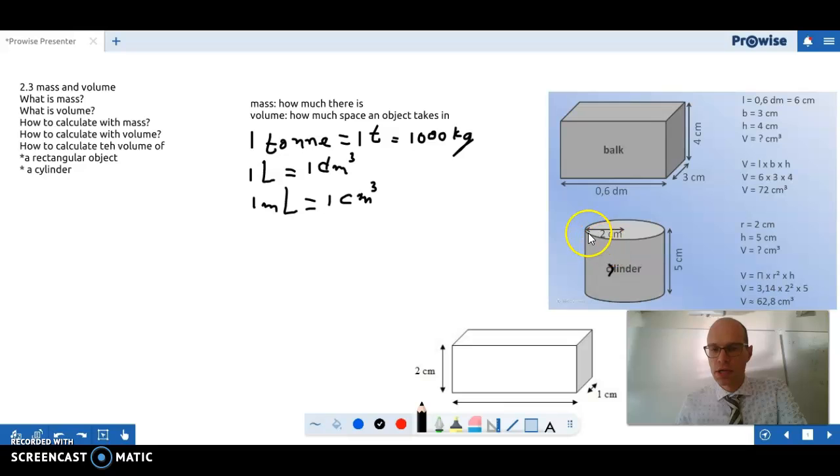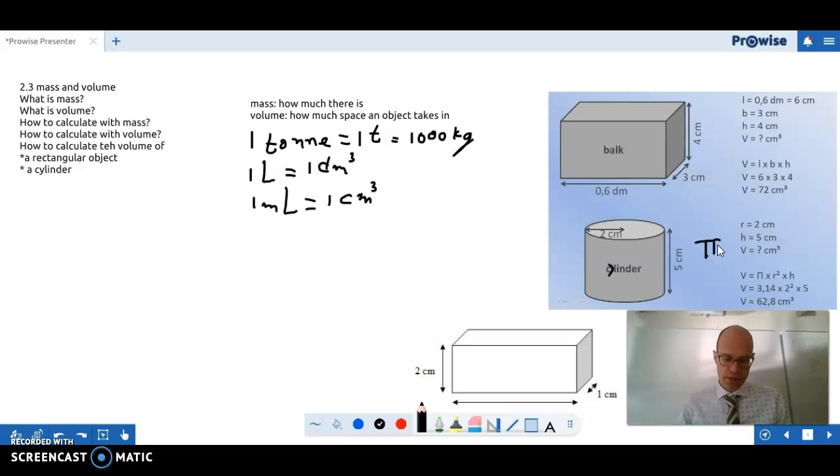With a cylinder, it is something else. With a cylinder, you need to take the radius, from the middle of the circle to the edge, and you need to multiply it with itself, or square it, then multiply it with pi, and pi is a number on your calculator. You simply look for the pi button.